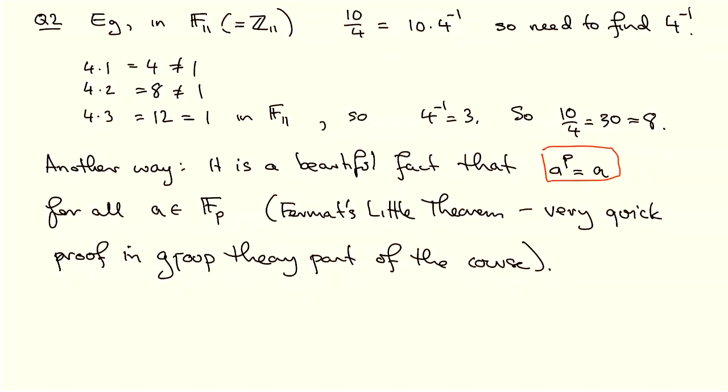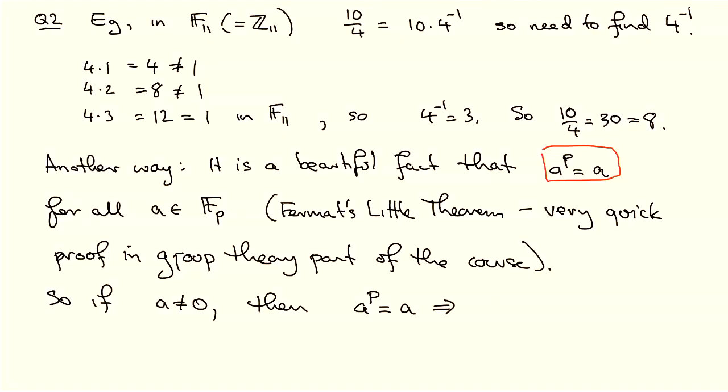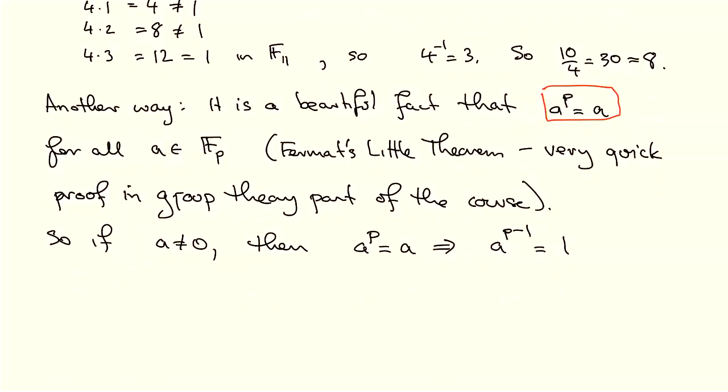But that, of course, gives a formula for the inverse. Because if a is not 0, then a to the p equals a tells us that a to the p minus 1 equals 1. Writing it with this way instead of this way lets you not have to exclude 0. That's why people write it like that. But anyway, now we've got the formula where you're excluding 0. And what did we use here?